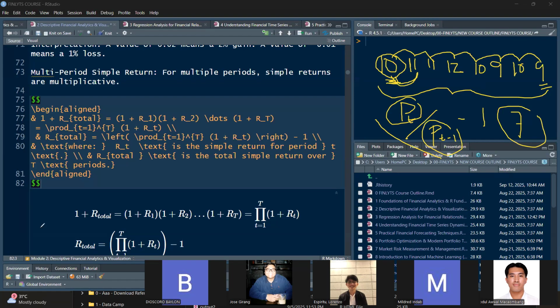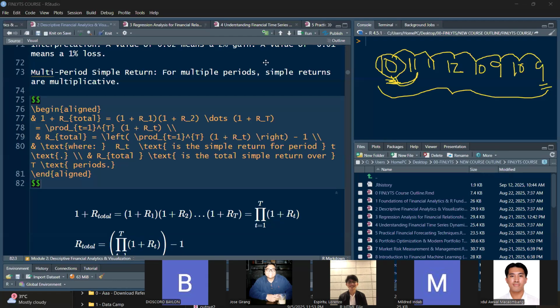So the question now is, what is the return for these asset prices for this whole period, the total period? As we said, there are 7 periods. So if there are 7 periods, how do we compute the simple return?